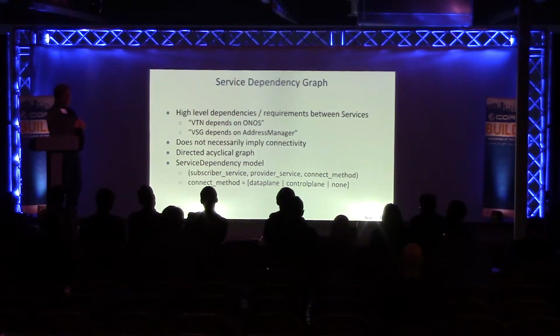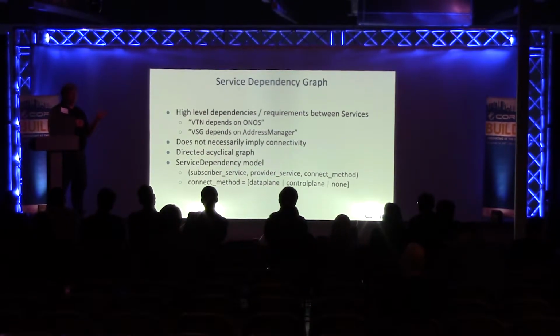The service dependency graph represents high-level dependencies or requirements between services. For example, such a dependency might be that the VTN service depends on ONOS. The reason for that is that VTN runs as an ONOS app on ONOS. So you cannot bring up a pod and use VTN unless your pod has ONOS. So there is a hard dependency there.